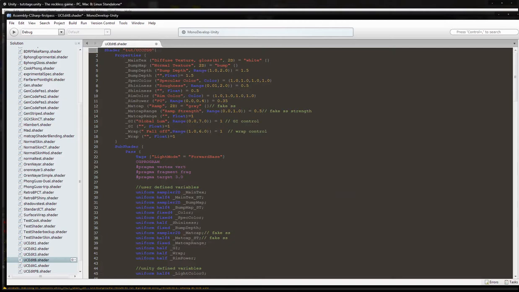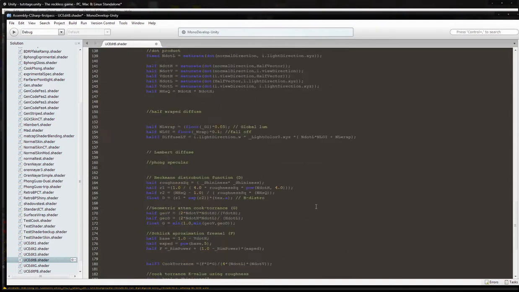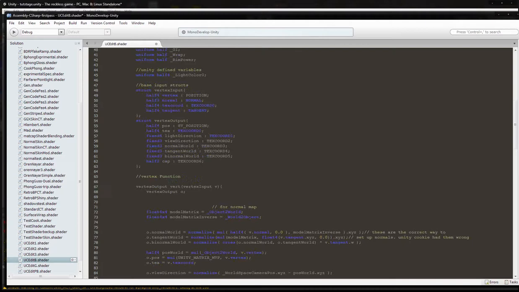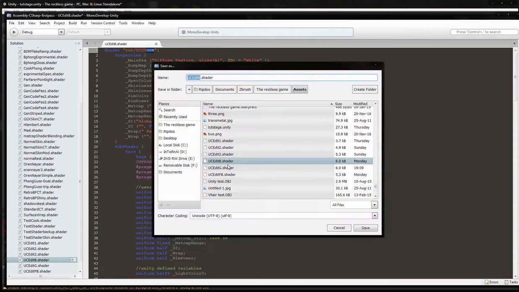The reason we're doing that is because it would be wasting time to rewrite some of this stuff over again, because we're going to be keeping the Fresnel equation. So back at the top, we'll change it to GGX, and then we'll save it as the GGX shader.